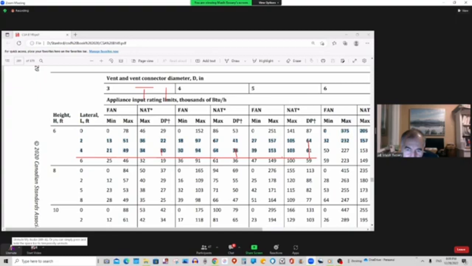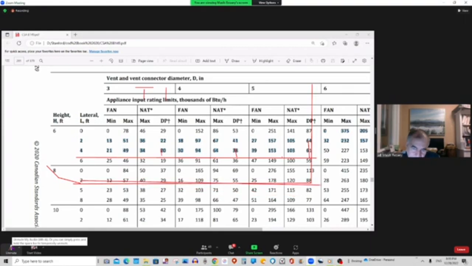I'm going to repeat it again. I have one furnace, 70,000, with draft control. When we say draft control, it means natural draft. 8 is the height, so I come to height 8, lateral 2. I put my ruler in front of lateral 2; if you go this way, you won't get lost.